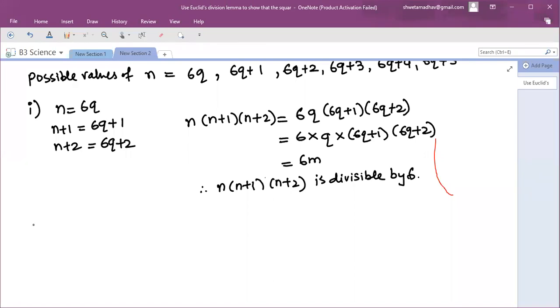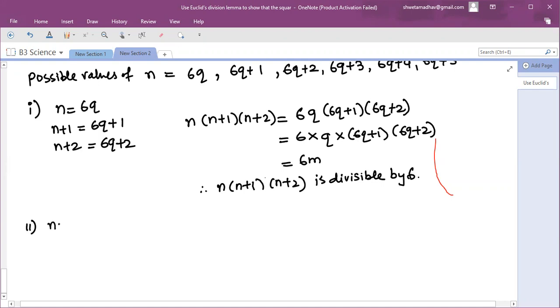Ma'am, I just have one doubt. Here, the product of n, n plus 1 and n plus 2, that's all we are doing, right? The product of three terms. And we are showing that 6 is a factor of these three, for all the possible cases.